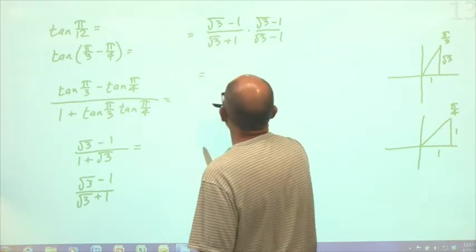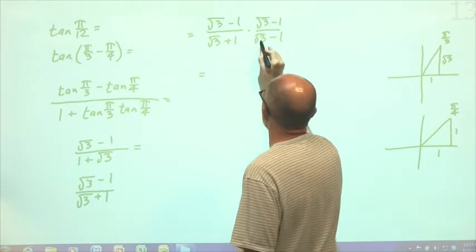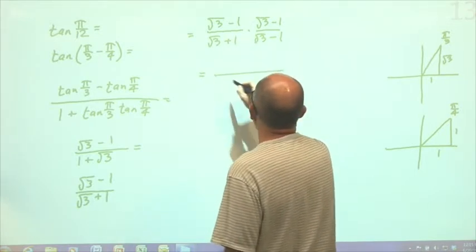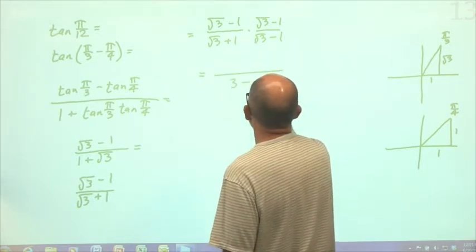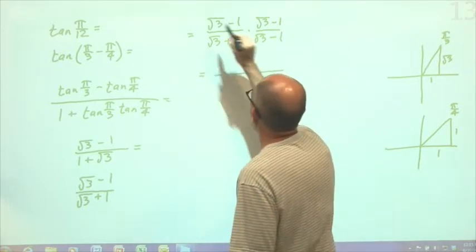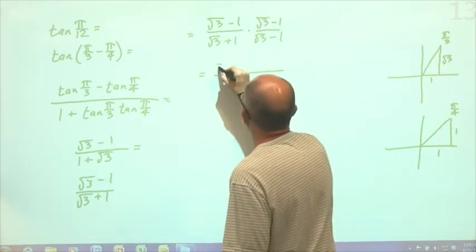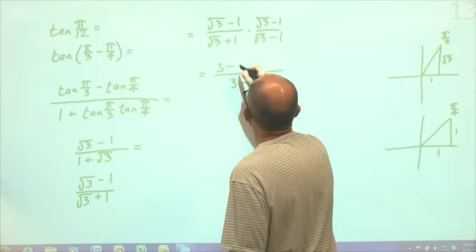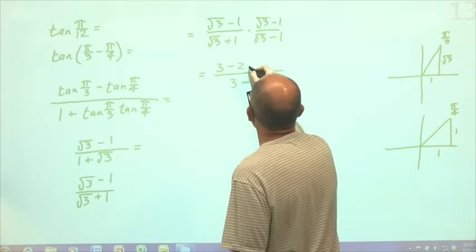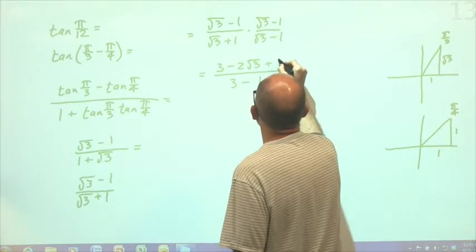So notice what happens here: on the bottom I have a plus b times a minus b, which is a squared minus b squared. And on top I have a minus b times a minus b, which is a squared minus 2ab plus b squared.